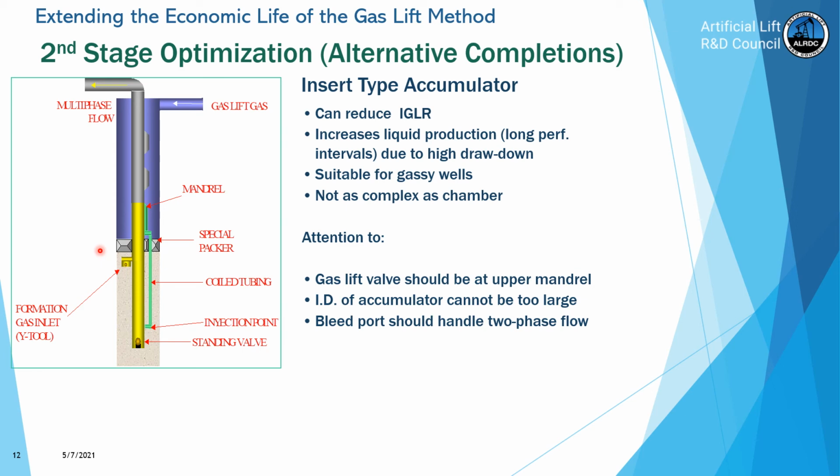They're fine if you need to keep producing the well in continuous gas lift. But as I mentioned, those types of completions are not suitable for intermittent gas lift because of the increase in the fallback losses due to the fact that you're going to have to move the liquids up through an annular flow area. Okay.